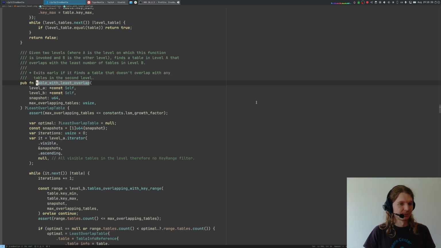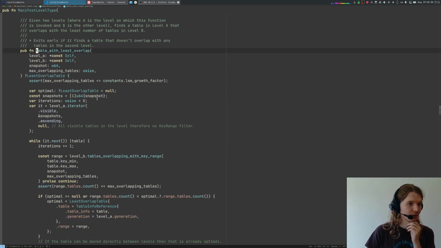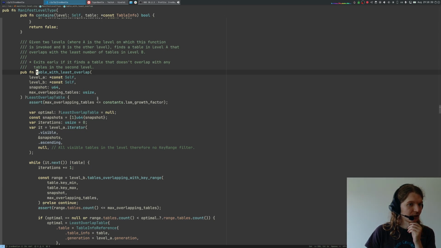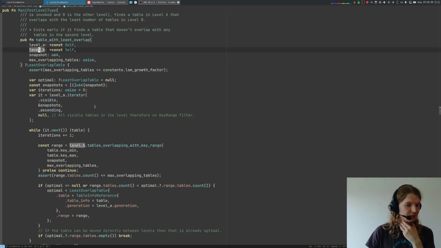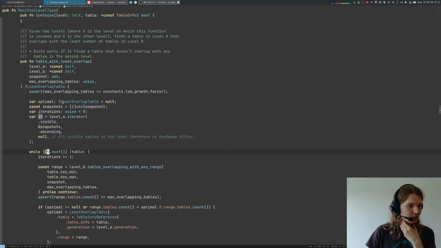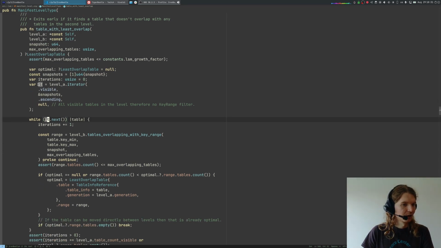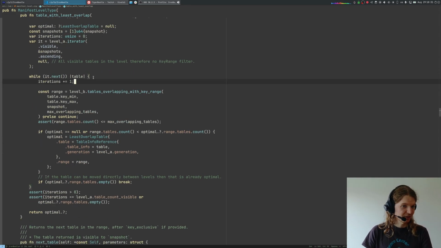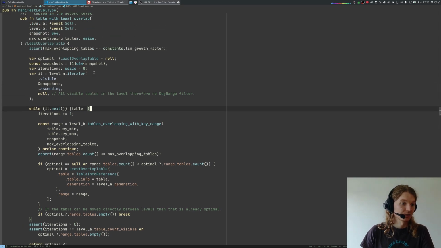Table with the least overlap. How are we going to do this? So we have level A, level B, and we need to find the table which overlaps the least number of tables from level B. Okay, so apparently we're going to do just a stupid loop.